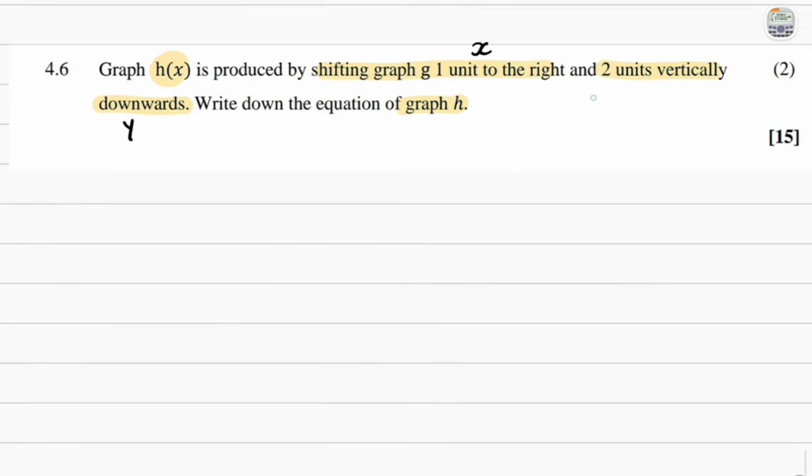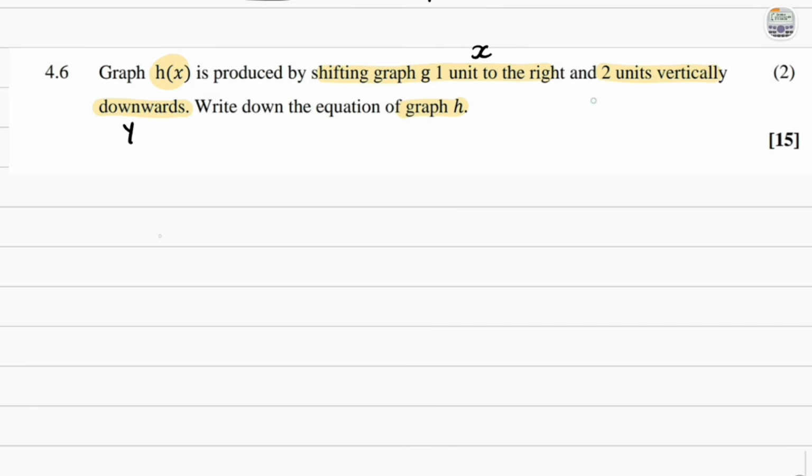And here's now how we can solve this. We're taking this new graph of h of x, and we're saying it is a result of taking the graph of g and moving it 1 unit to the right. When you apply a right movement to the equation, if you are moving to the right, you're going to subtract. So you're going to say x minus that amount of units it moved.